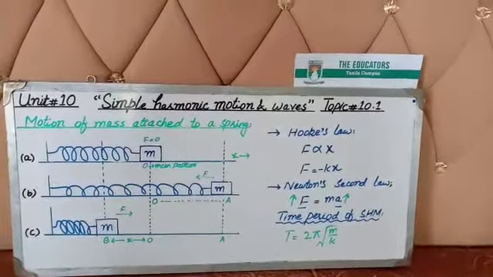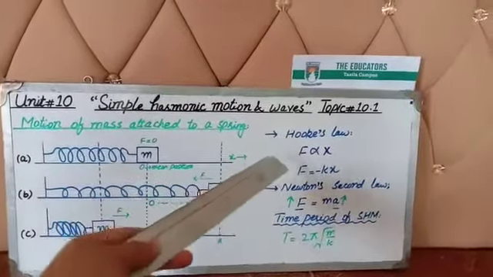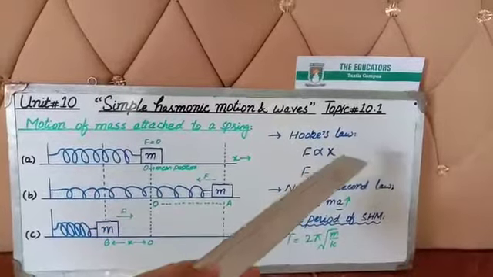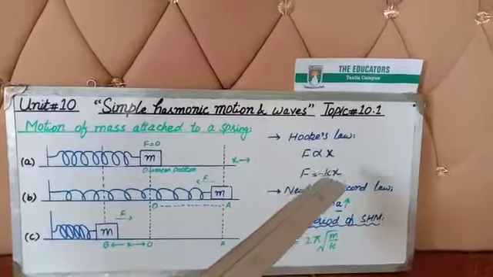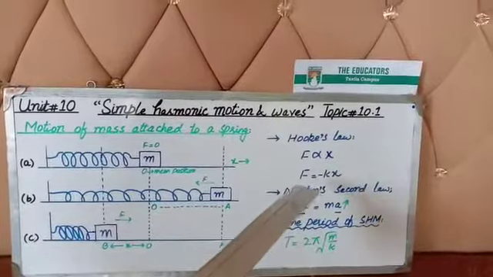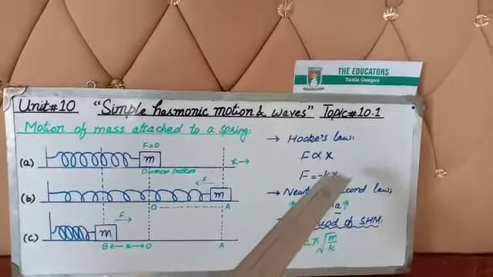Now see on the right hand side of the board, this is Hooke's law, that is force is directly proportional to the displacement. F is directly proportional to x. F is the force, x is the displacement, and k is the spring constant.